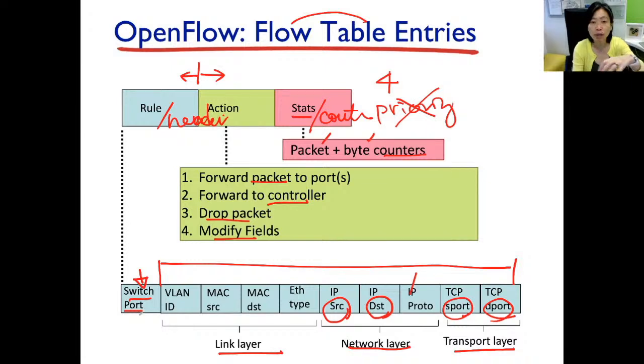So how we forward the packet can also depend on where they come in from. So that's also why in this slide we refrain from calling this column the header column, because we do have a field that's not necessarily a packet header. So we call them rules in general.